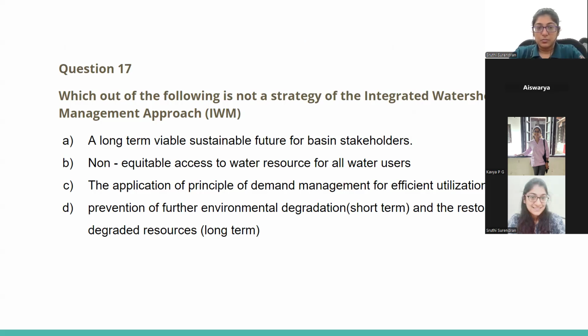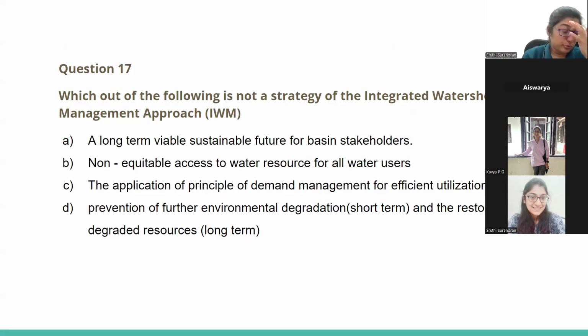So, to implement integrated watershed management, one of the strategies is a long-term sustainable future, making the availability of water a long-term viable sustainable future for basin stakeholders; non-equitable access to water resources for all water users; the application of the principle of demand management for efficient utilization; prevention of further environmental degradation and the restoration of degraded resources.